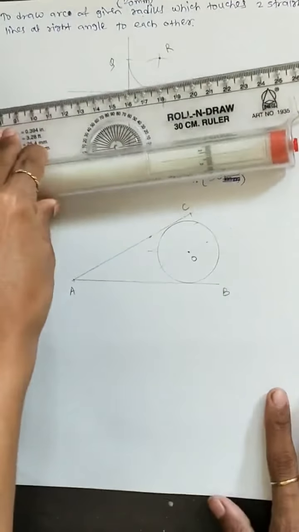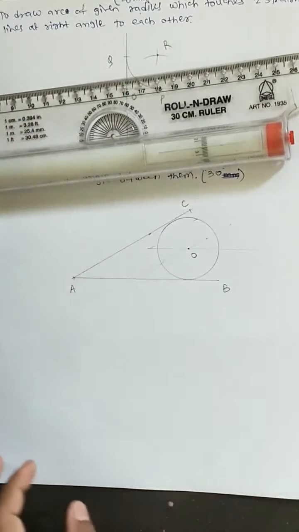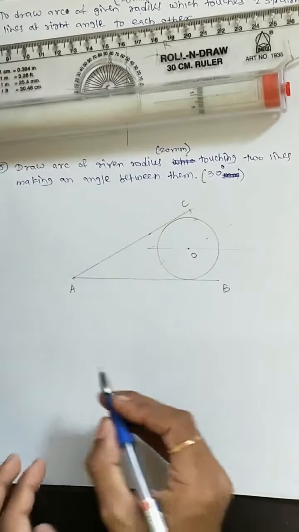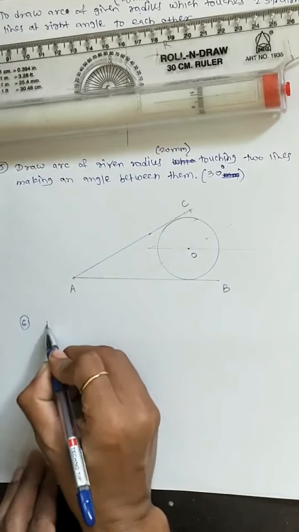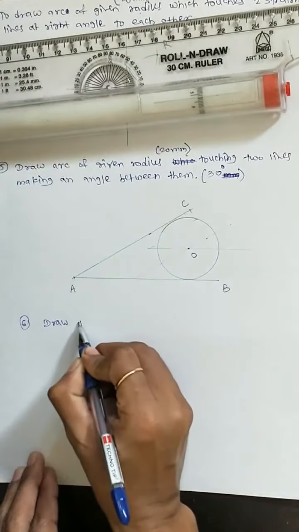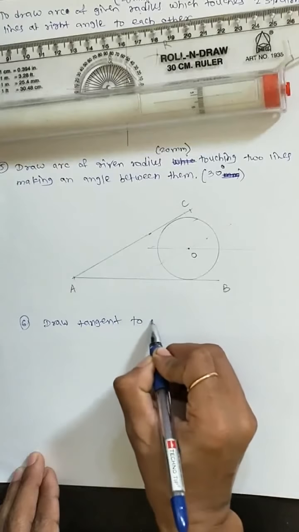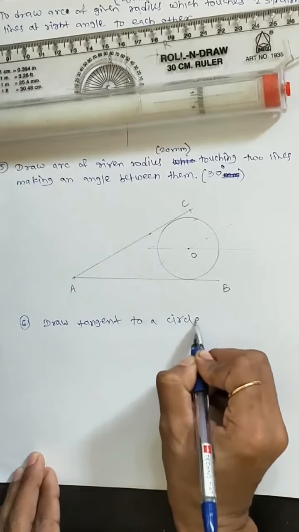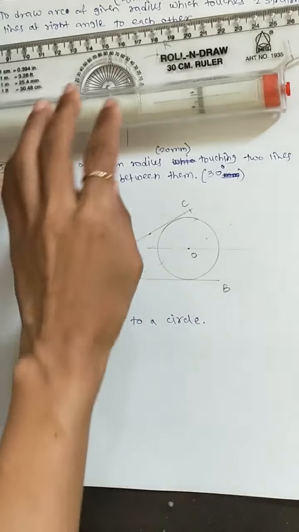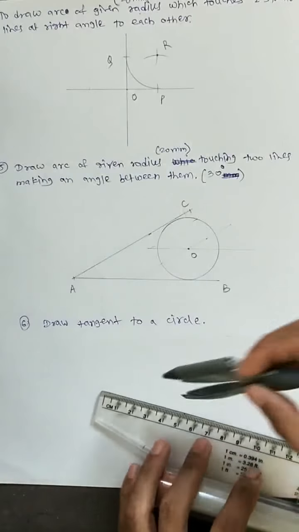Then next example we will take is to draw a tangent to a circle. So first draw a circle of any radius.